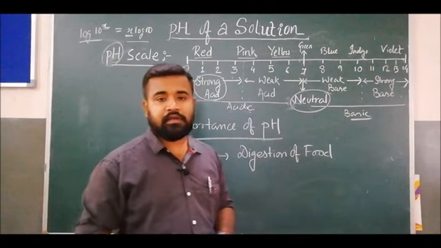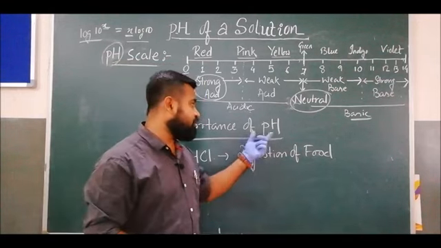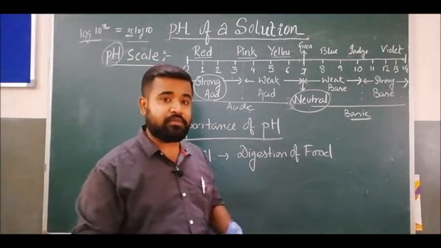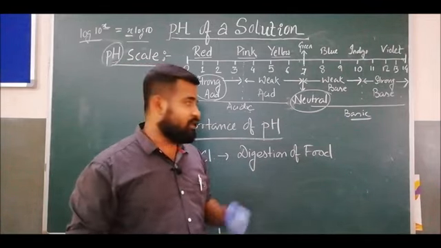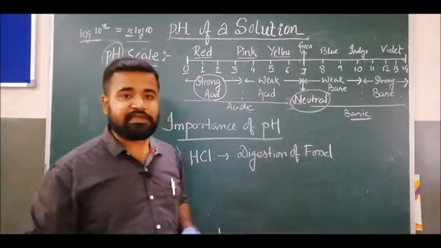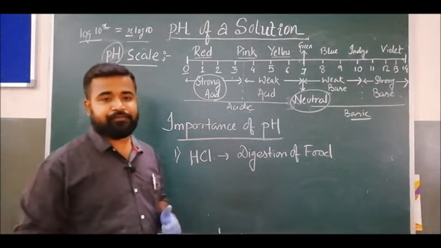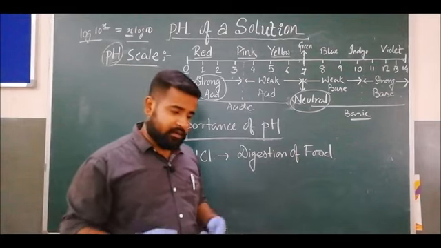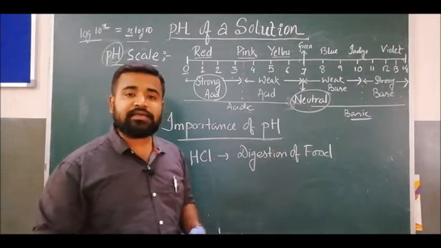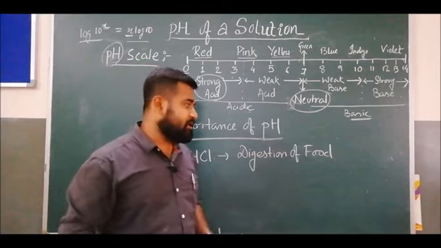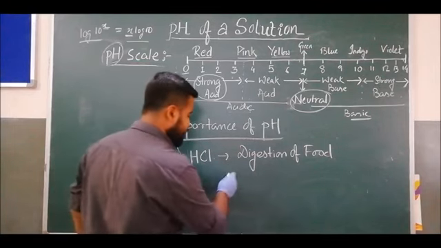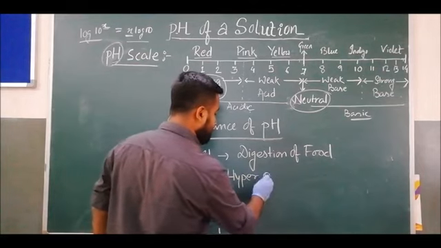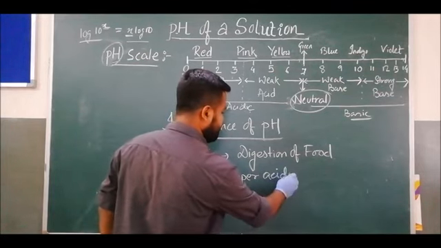But suppose that acidity level, the pH level, decreases or increases. When the pH level decreases, it becomes more acidic. More acidic condition is called hyperacidity.